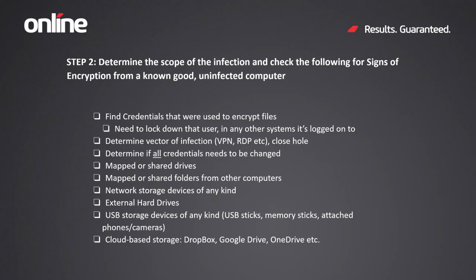And again, if you've contacted your cyber insurance, they might have somebody who will come and help you with this, or they might have specific forensic information that you need to collect during this phase. So it's very good to connect with authorities right away and make sure you're collecting the proper data that you need to collect.